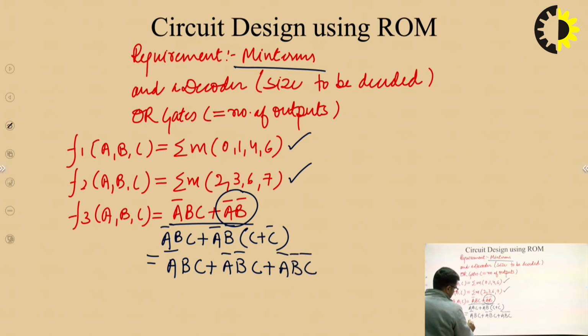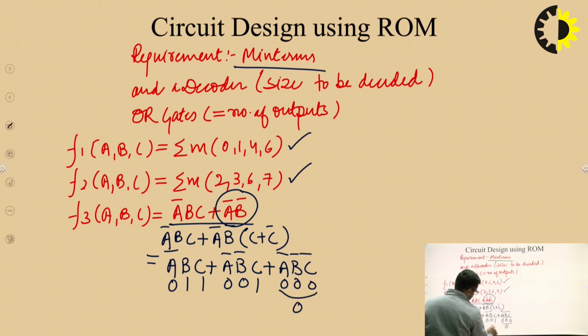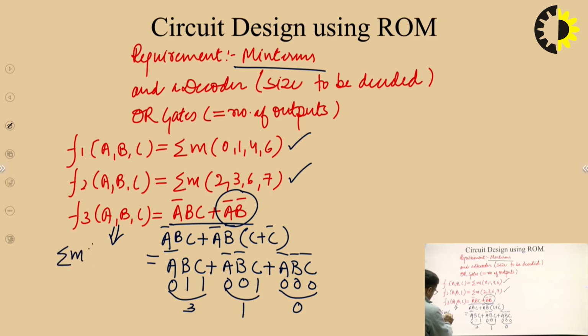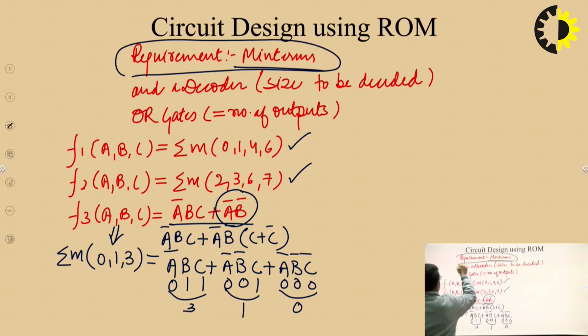If we replace the barred variables by 0 and the unbarred by 1, we get 000, which is 0, 001, which is 1, and 011, which is 3. So the min-terms for F3 become 0, 1, and 3. This is the basic requirement to design circuits using ROM.